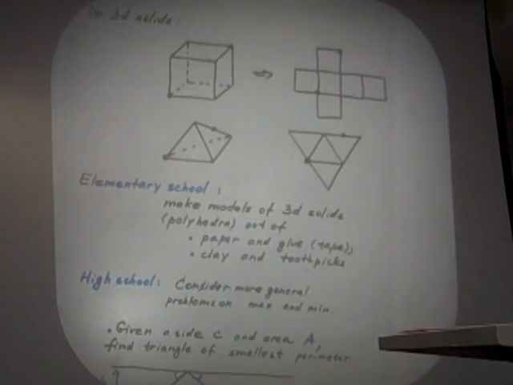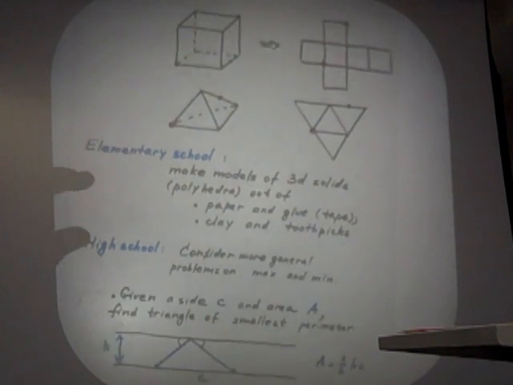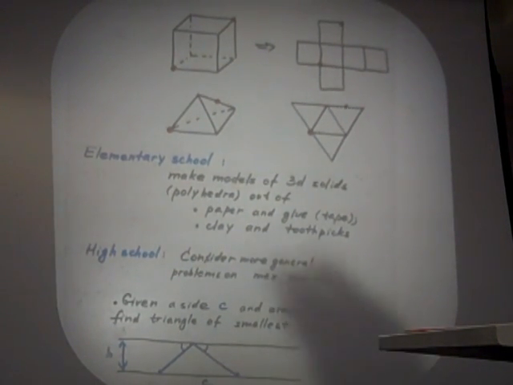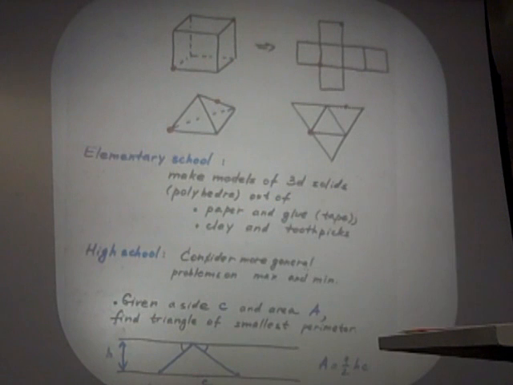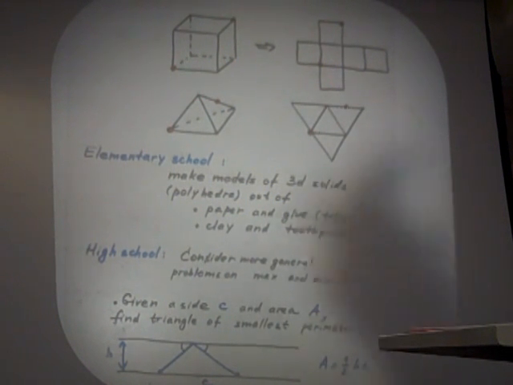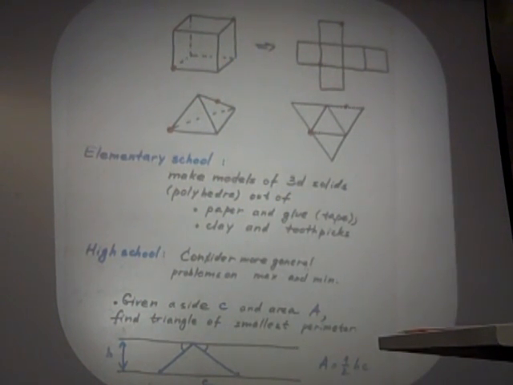You can, to recycle my warm-ups, move to finding shortest distances on 3D solids. So in elementary math circle, I make models of 3D solids, cut everything out of cardboard or paper, glue it together, bring toothpicks, bring clay, and put together models, make their favorite polyhedron demonstrated to everyone else.